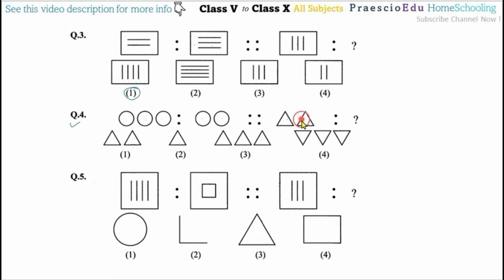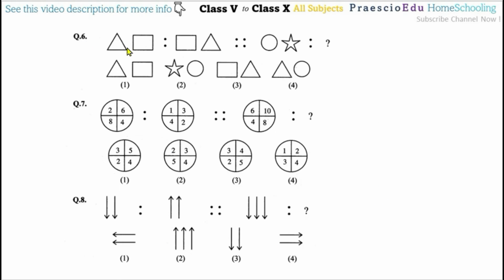So here 2 triangles, one gets reduced, means only one triangle, and one triangle is given in option number 2. Question number 5, 1 2 3 and 4, 4 vertical lines, and using these 4 vertical lines a square is formed. Okay, so now here 3 lines are given, so using the 3 lines the shape formed is a triangle. Okay, so triangle is given in option number 3.